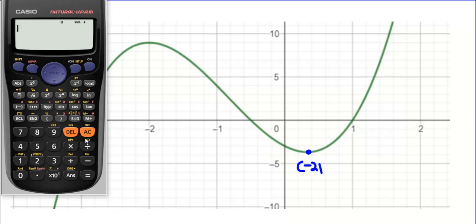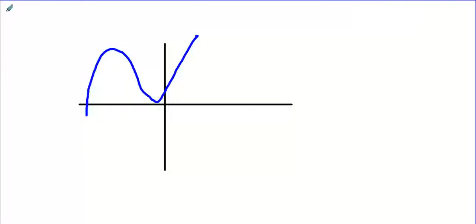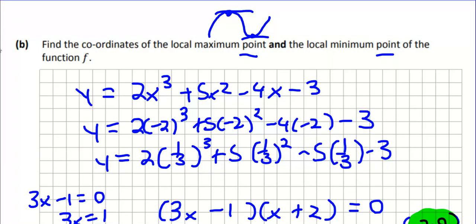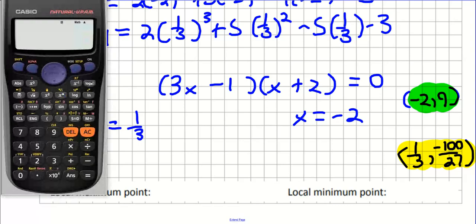You gave it to me a minute ago. Minus 100 over 27, which is roughly 3.7, isn't it?